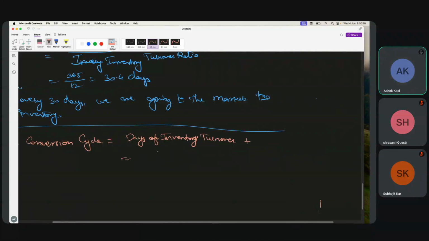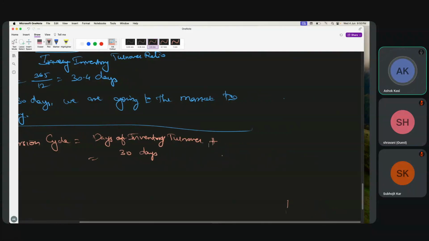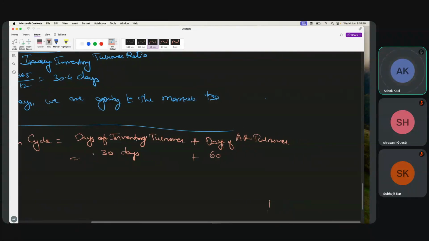Let's say you are buying and keeping it in the godown as inventory for 30 days. Then after that you are selling. When you are selling, you have to again give credit. So let's say days of accounts receivable turnover is, for example, 60 days. So you are taking 90 days.